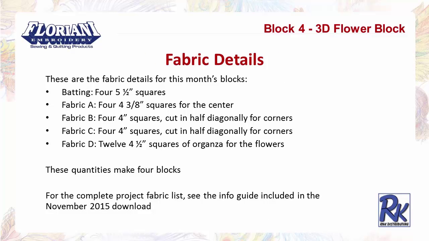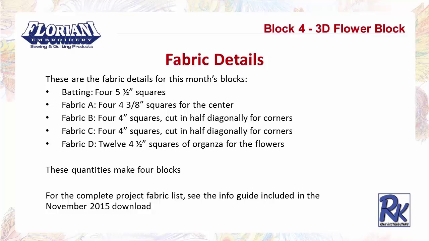So let's go over the fabric details for this month's block. In the batting you're going to need 4 5.5" squares. For fabric A, you're going to need 4 4 3/8" squares for the centerpiece. Fabric B and C, you're going to need 4 4" squares of each, and each one of those is going to be cut in half diagonally to create the corner pieces.